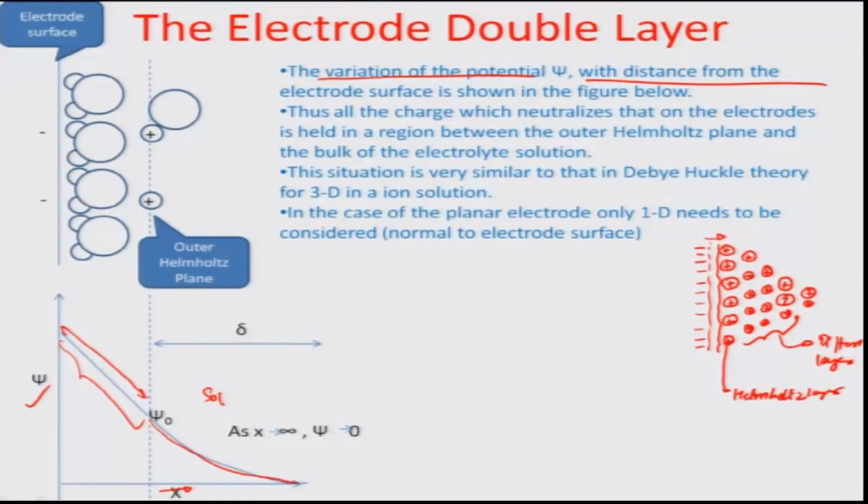And so let us assume that the diffuse layer extends all the way up to delta, and we can try to calculate this from the presumptions made earlier. If you may remember, we had solved an equation of the type del squared xi by del x squared, xi is the potential in the near vicinity of a charge.